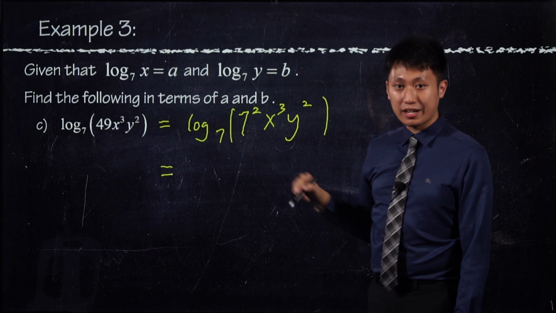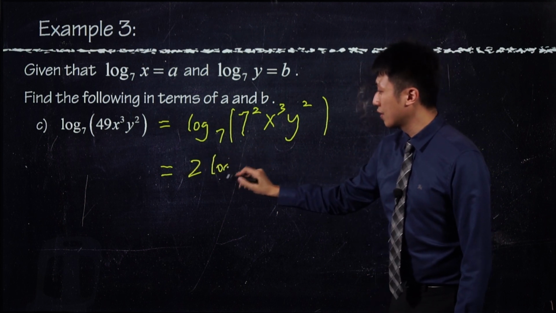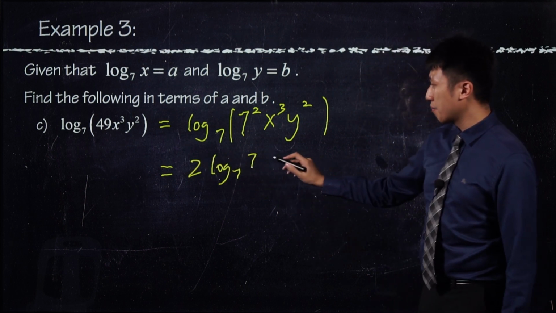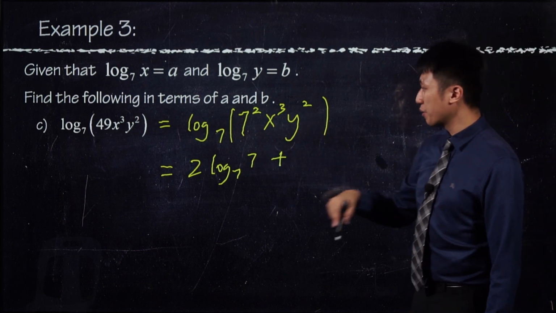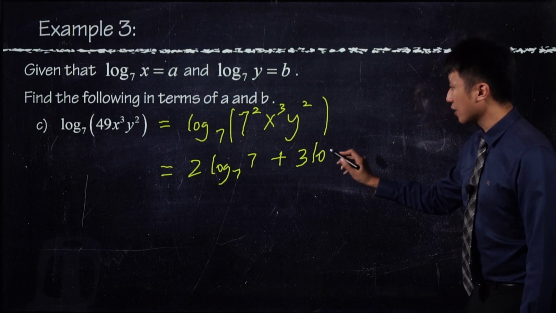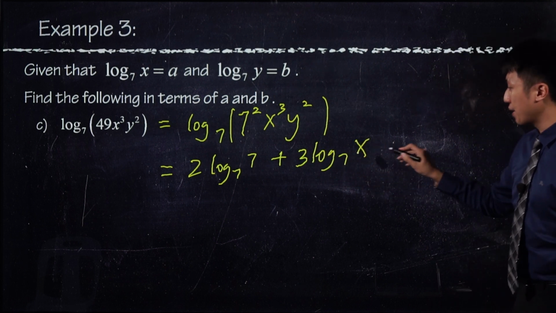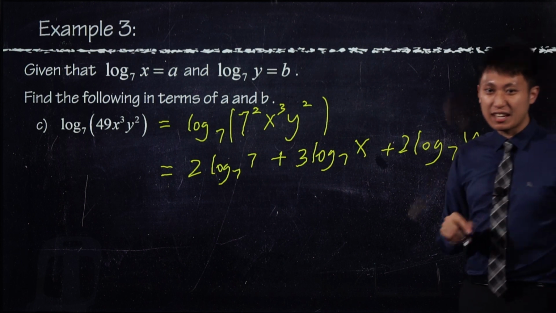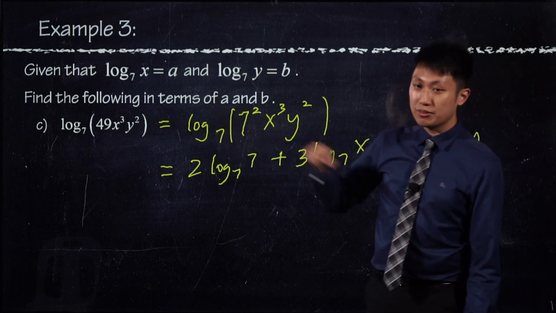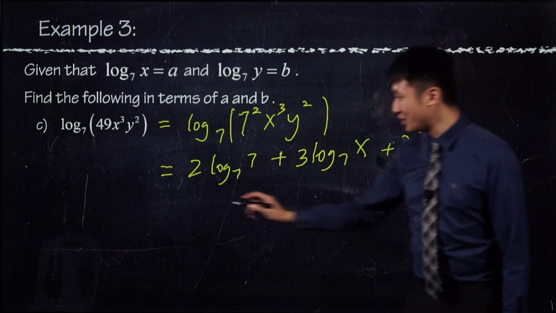7 squared, 2, bring it out. So 2 log 7, then plus. It's plus because it's multiplication, right? So then 3, you bring it out. Then it becomes 3 log 7x, then plus 2 log 7y. I tell you, actually, I'm doing it very slow. I look at that one, I know the answers already. So, you should do that also.